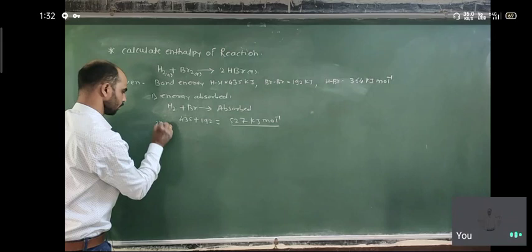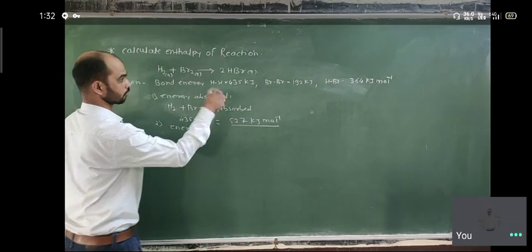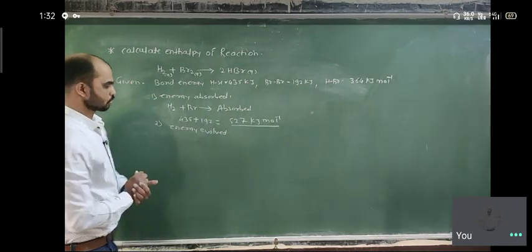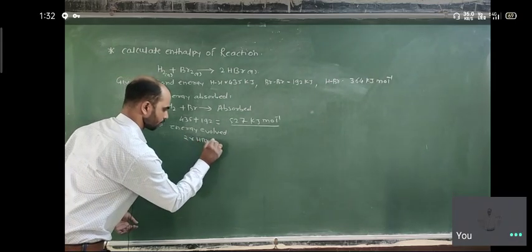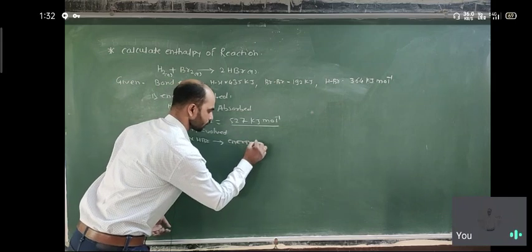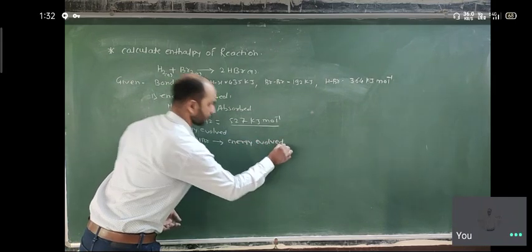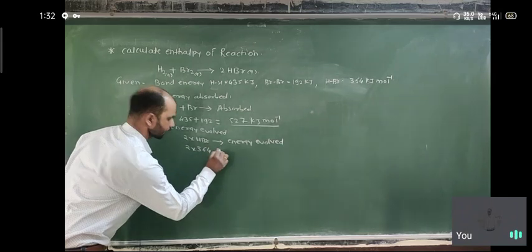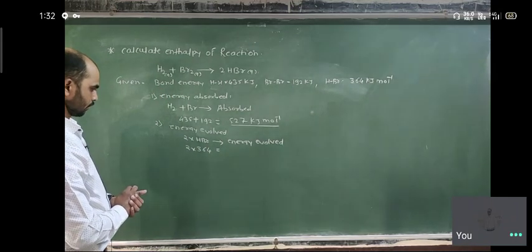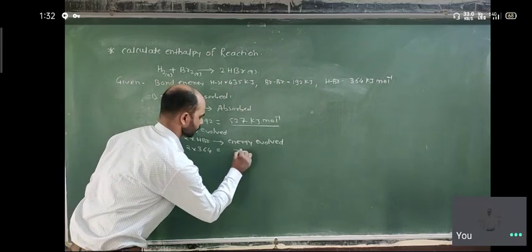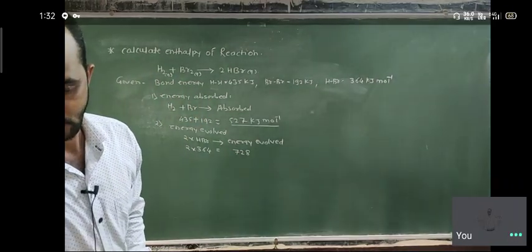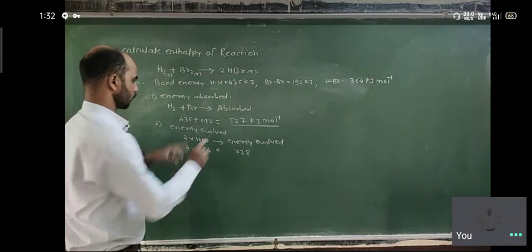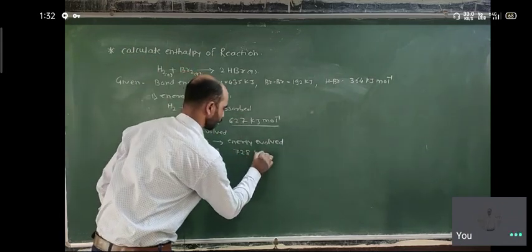And secondly, energy evolved. Energy is evolved when the HBr bond forms. So twice the HBr bond energy is the energy evolved. What bond energy is given here? 364, so 2 into 364 is equal to 728 kilojoule per mole.